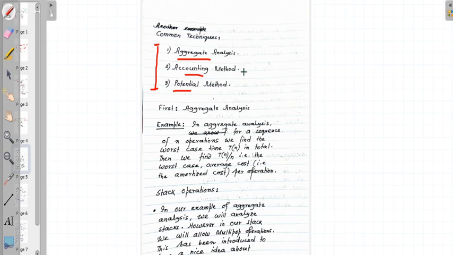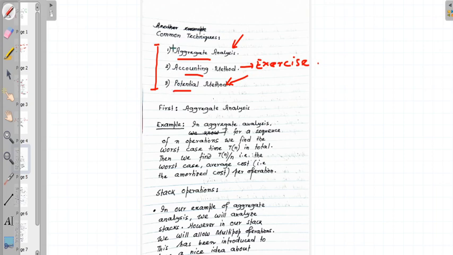First we'll deal with aggregate analysis, and then we'll deal with the potential method. The accounting method will be given to you as an exercise, and after getting these two philosophies, you will be able to work through it yourself.